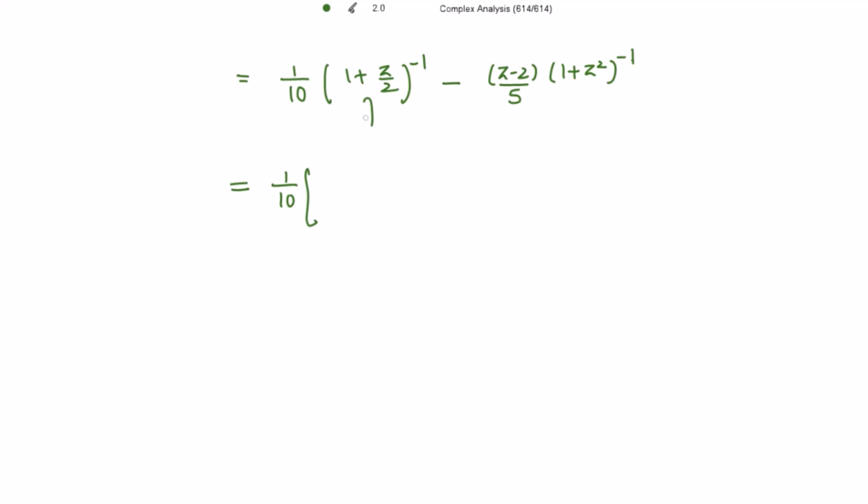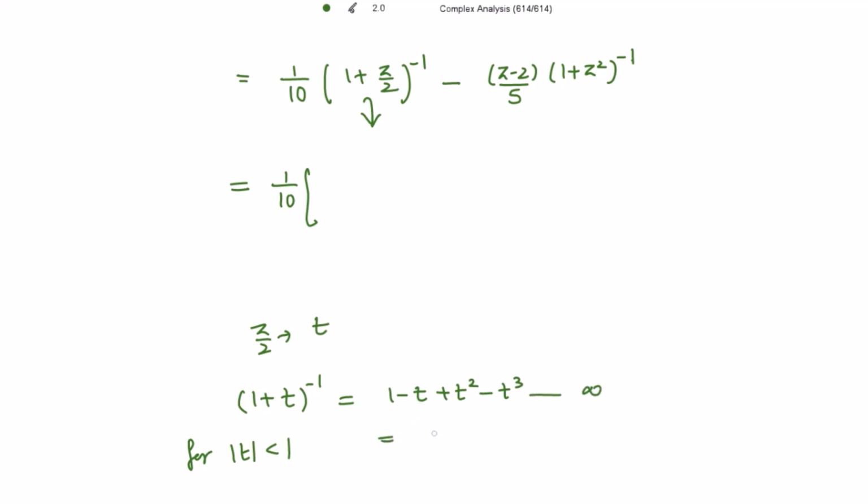If you expand this, suppose z by 2 is, let's say, t, so you have the expansion 1 plus t to the power negative 1. You need to expand this, right? So this can be expanded, for mod t less than 1, as 1 minus t plus t square minus t cube up to infinity.